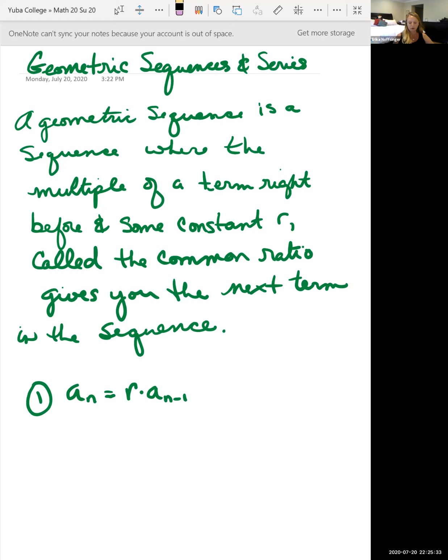So here's one formula that's really important. So let's look at what R is. If I get R by itself and divide both sides by a sub n minus 1, R is the same thing as taking a term divided by the term right before it.